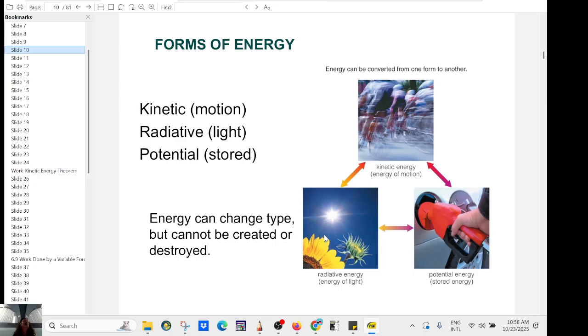You have energy from radiation, from the sun, called radiative energy. For example, UV light has energy because you can become very tan. That's from the UV light. And then you can go from one form to another.